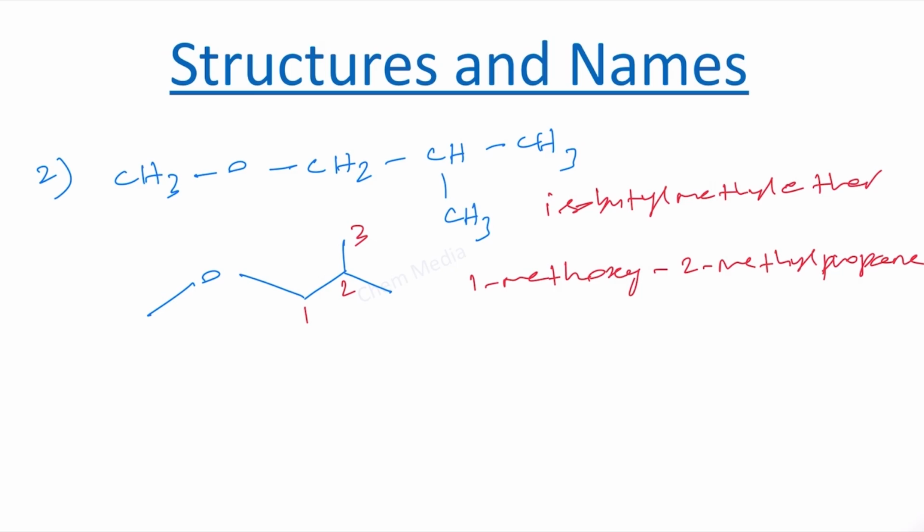And then number 3, we are going to write secondary butyl methyl ether, and that is CH3O and then CH, CH3, CH2, CH3.